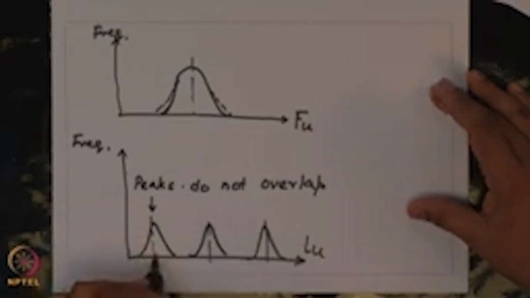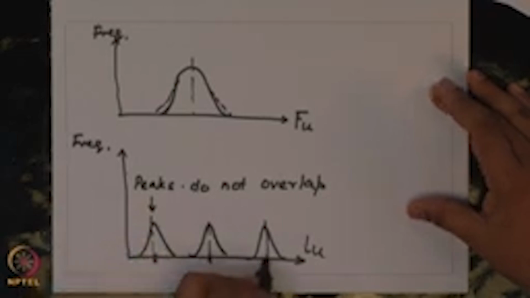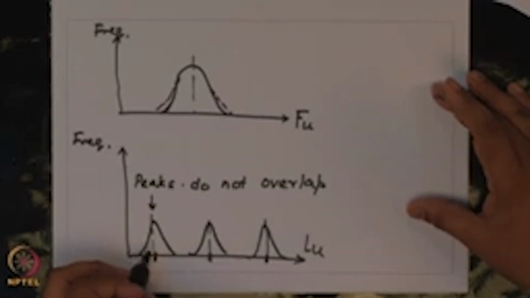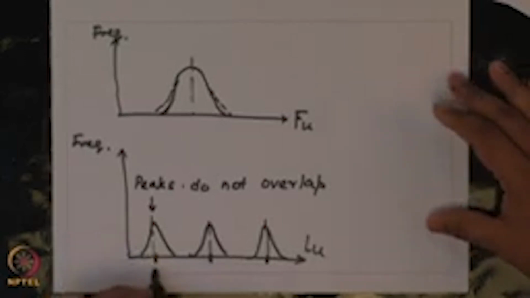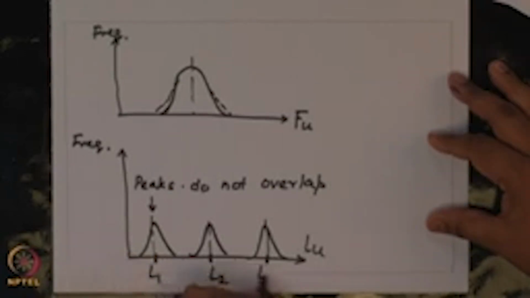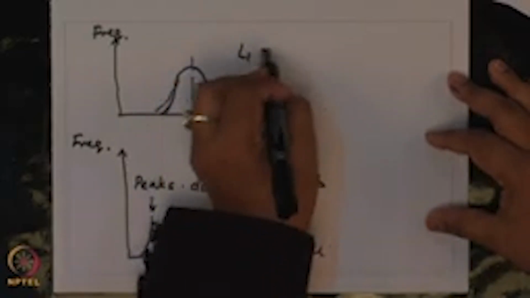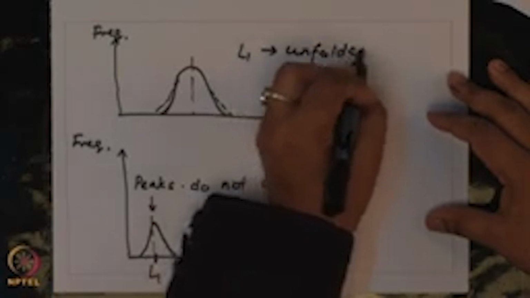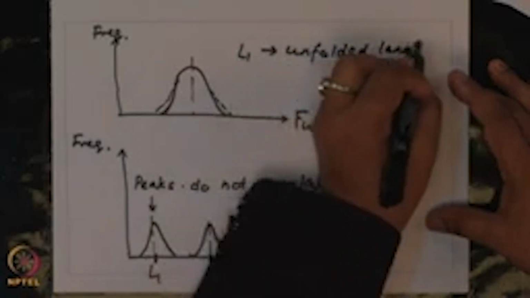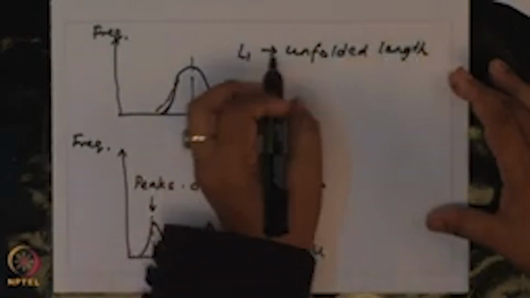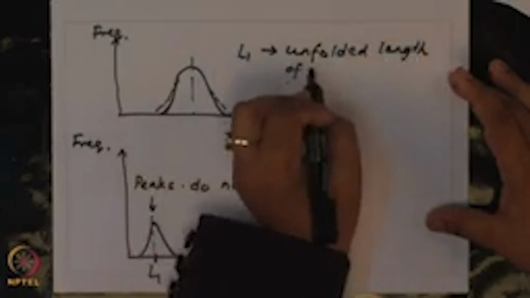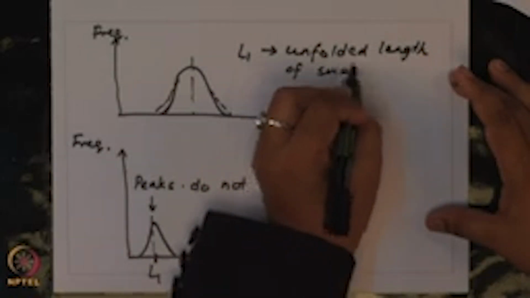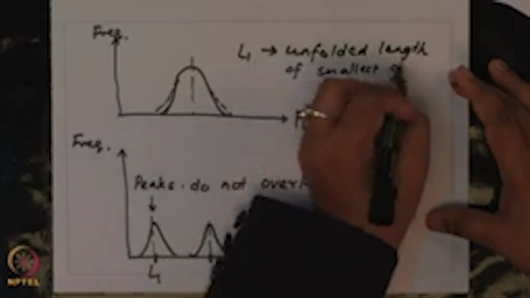So you have to take the mean values of each of the histograms and assign them. Each of these lengths, let us say L1, L2, L3. L1 is the unfolded length of the smallest domain.